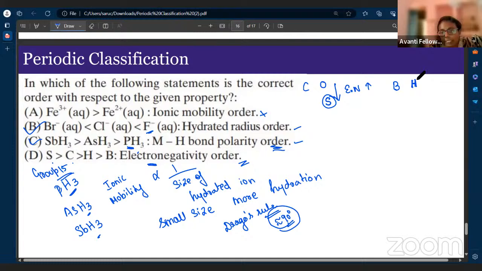The electronegativity value according to the Pauling scale is 2.1 for hydrogen. So is the electronegativity of boron going to be greater than 2.1? No. Therefore, options B, C, and D are going to be the right answer. Moving to the next question.